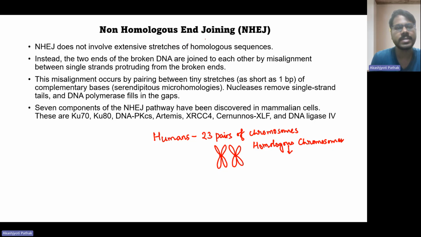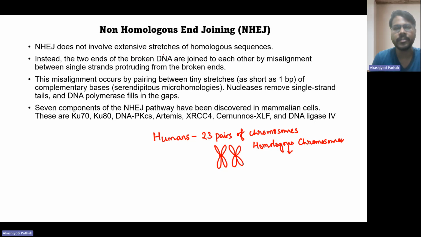Here, it does not involve extensive stretches of homologous sequences. Unlike homologous recombination, where the two homologous chromosomes align and have very similar DNA sequences, here that aligning between these homologous regions does not take place.